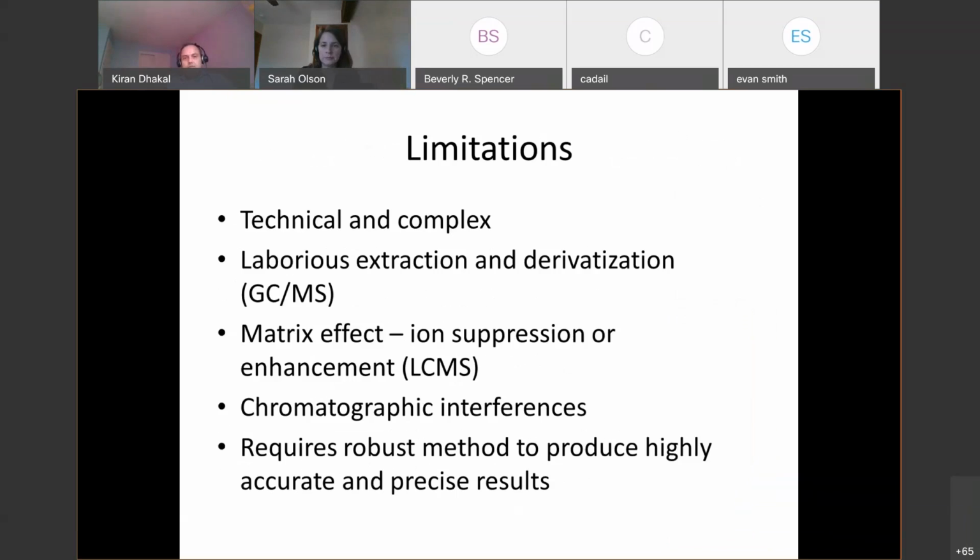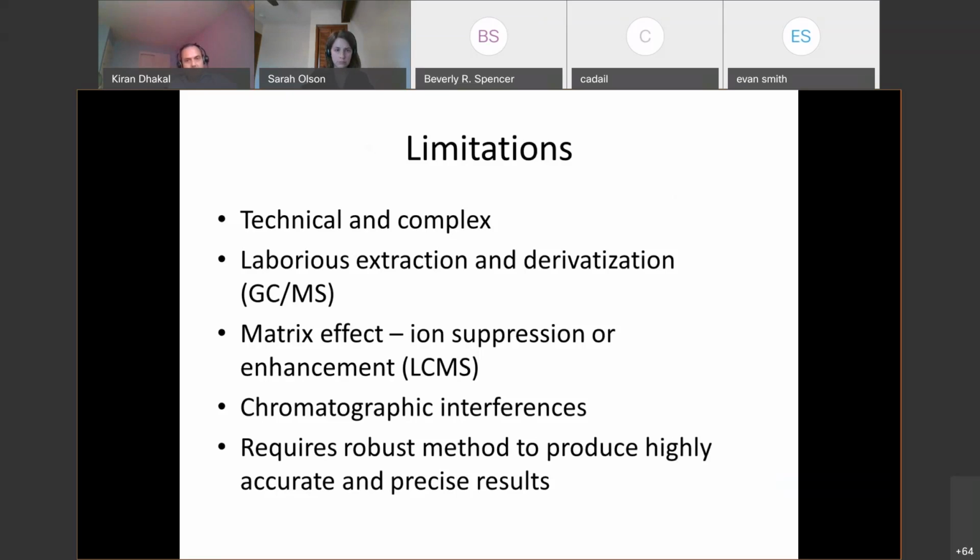So there are limitations with mass spectrometry analysis as well. It's very technical and very complex. You need very good laboratory training to run these instruments. I briefly talked about sample purification, which is very complicated with GCMS analysis, needs more resources, a very laborious process.